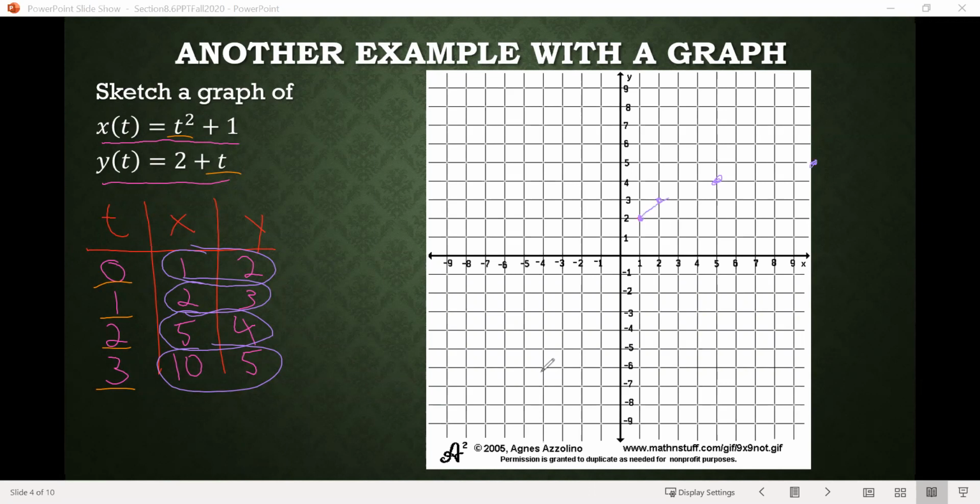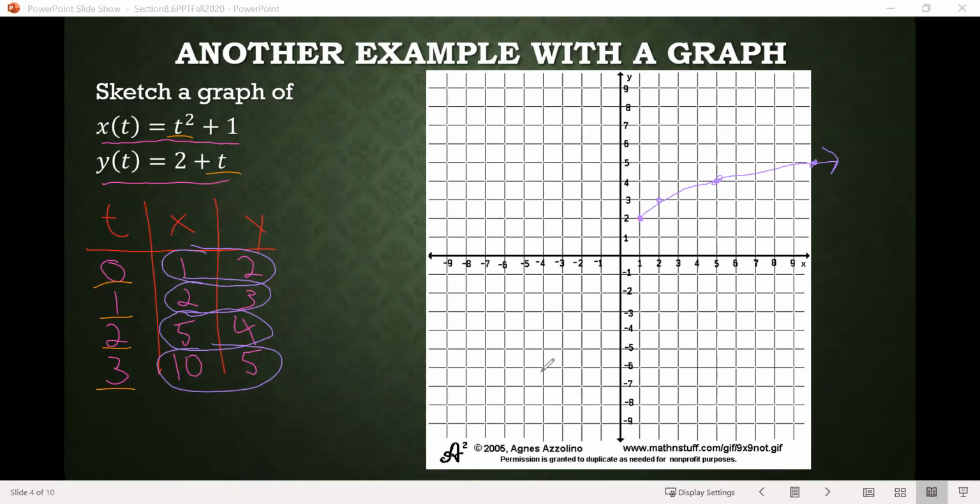And if we connect those dots, it looks a little bit like a square root function that's maybe been shifted to the left or right. Okay, and so that would give us the graph of this parametric equation.